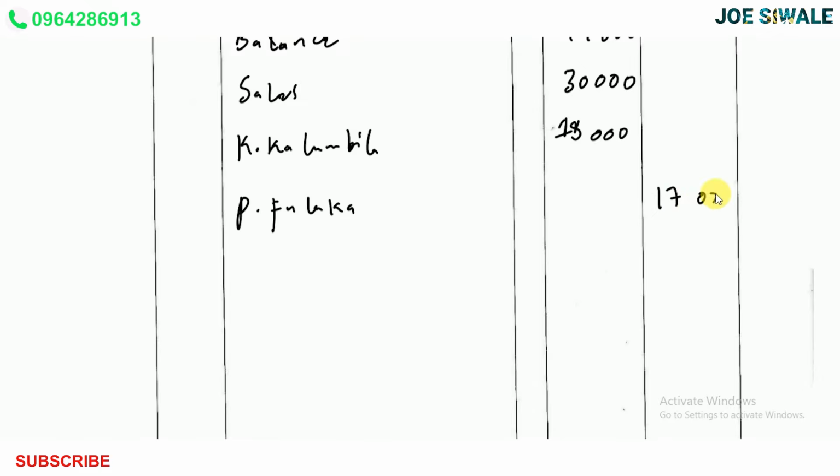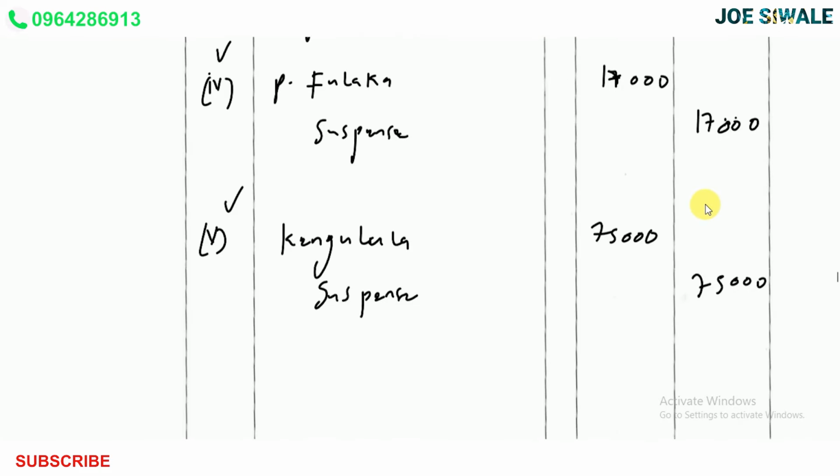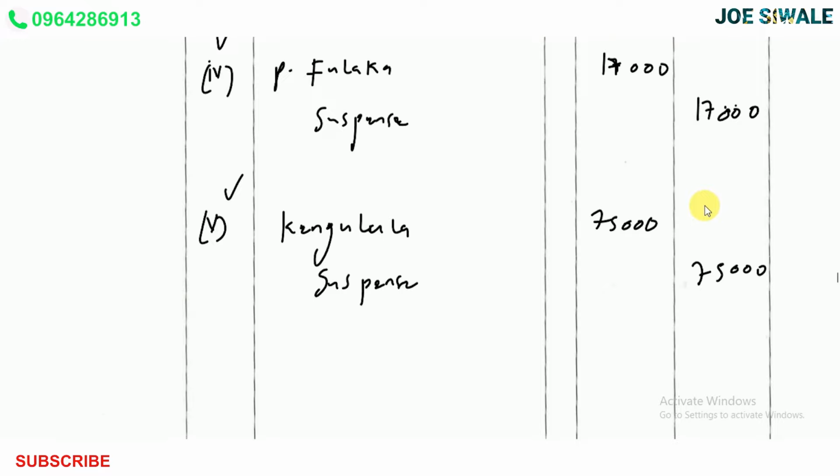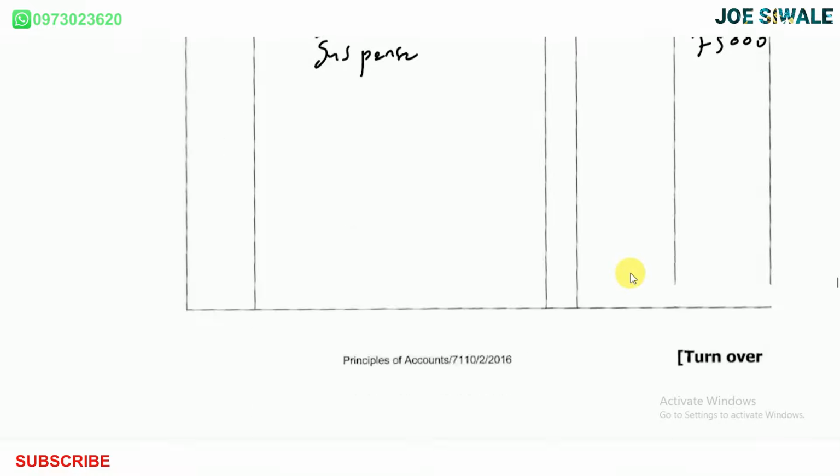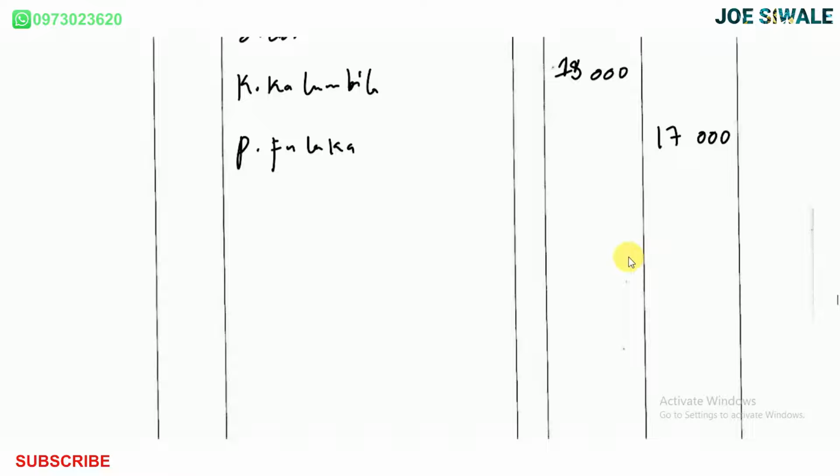Let us look at the other transaction. For Roman numeral 5, the balance is on the credit side. So in our details, we're going to put K Ngulula. In the balance, we're going to show it on the credit side at 75,000.